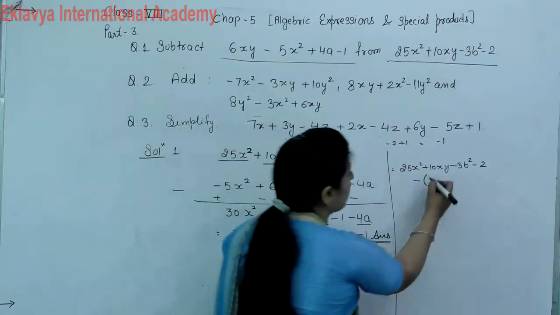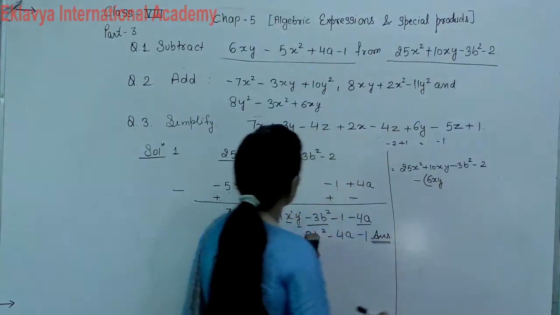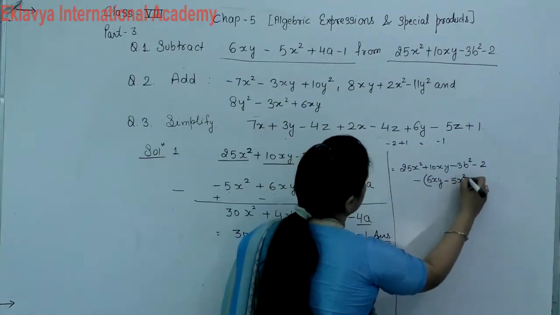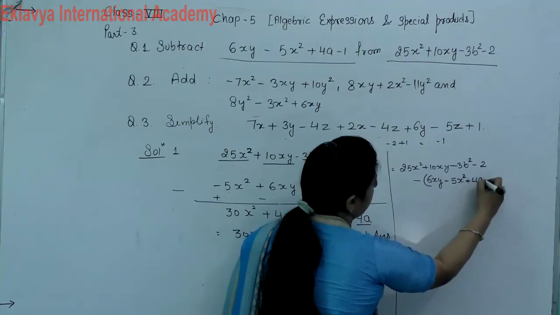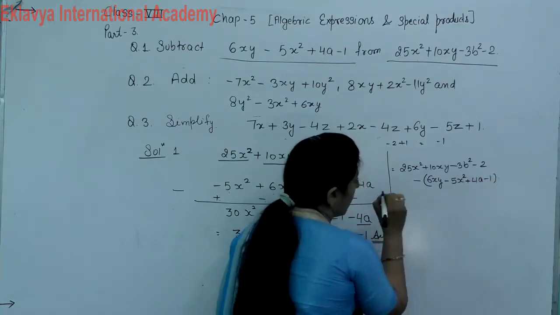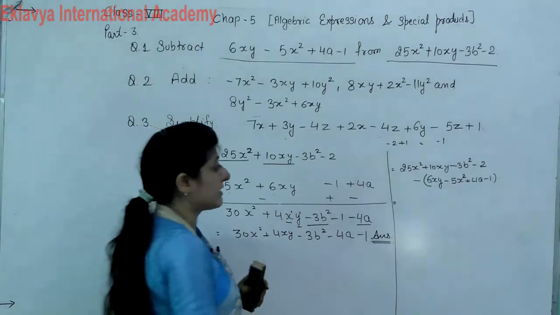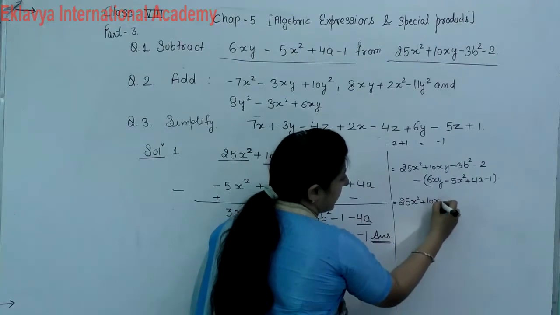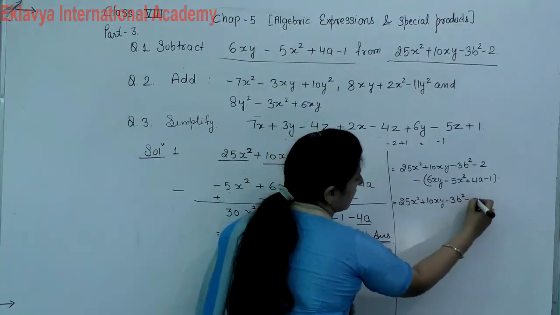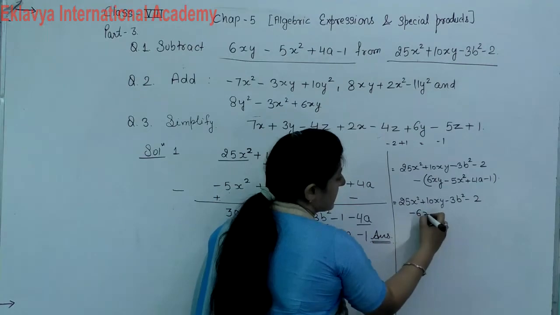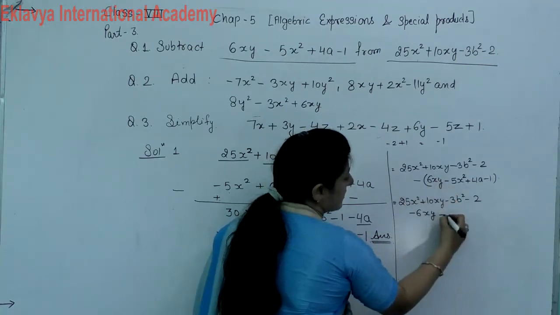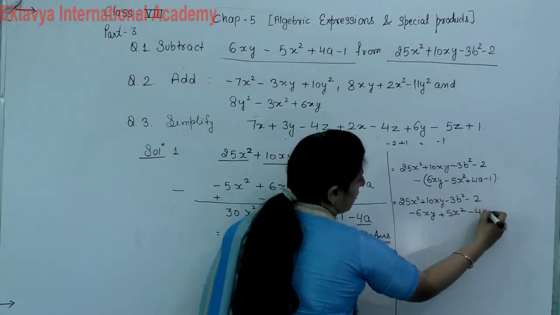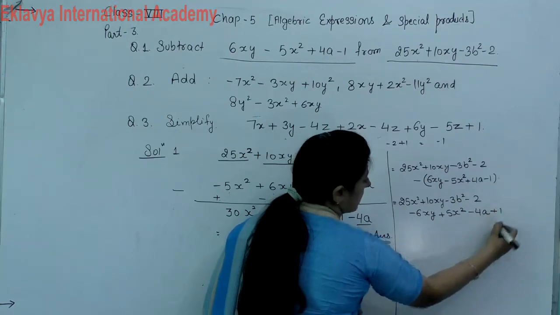Write down this one, 6xy minus 5x square plus 4a minus 1. Now open the parentheses. Firstly write down 25x square plus 10xy minus 3b square minus 2 minus 6xy, minus minus plus 5x square, minus 4a, minus minus plus 1.